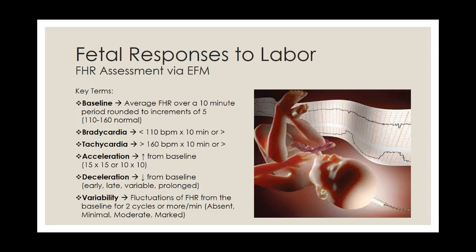Variability tells us how intact our central nervous system is for the baby. So this is an important factor that we look at to determine fetal response to different things. If the baby has an absent variability, that's very bad. We like to see it nice and moderate.